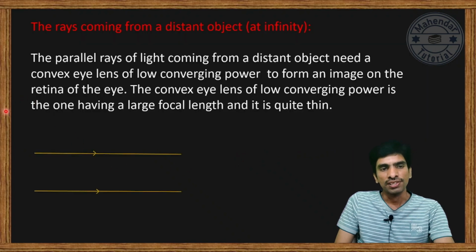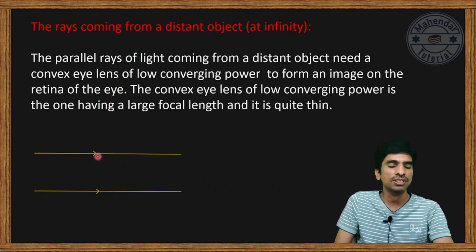And the next topic is the rays coming from a distant object. It means the rays coming from infinity. When the rays are coming from infinity, those rays are parallel to each other. The parallel rays of light coming from a distant object need a convex lens of low converging power to form an image on the retina of the eye.